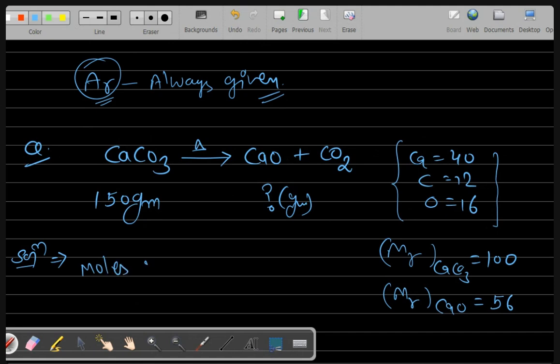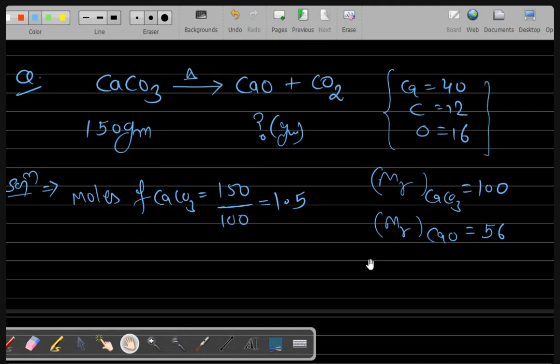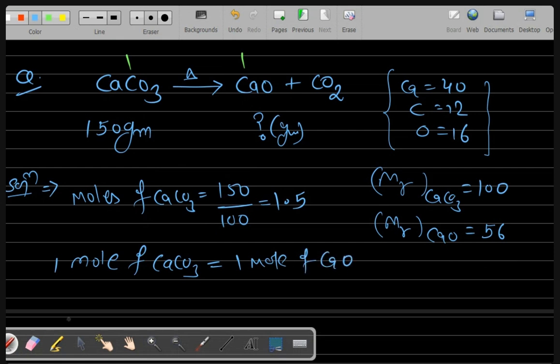Why do we get 1.5? Moles of calcium carbonate is mass upon molecular mass, 150 over 100, so it is 1.5. The ratio is saying 1:1. So 1 mole of calcium carbonate is equal to 1 mole of calcium oxide.